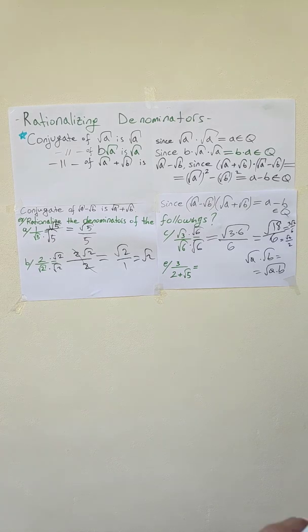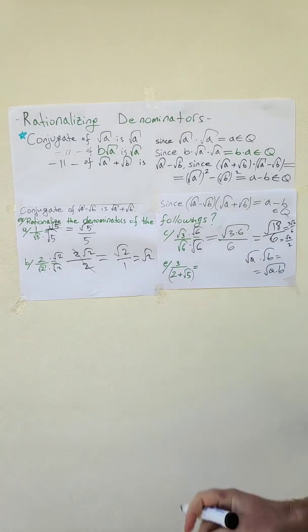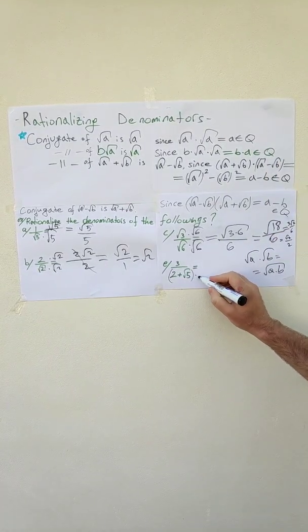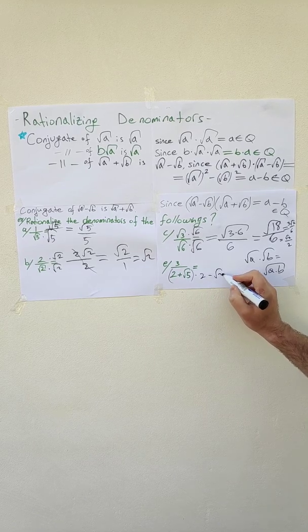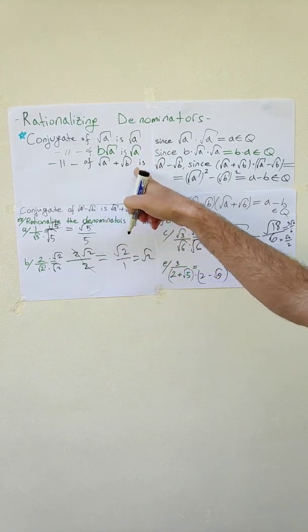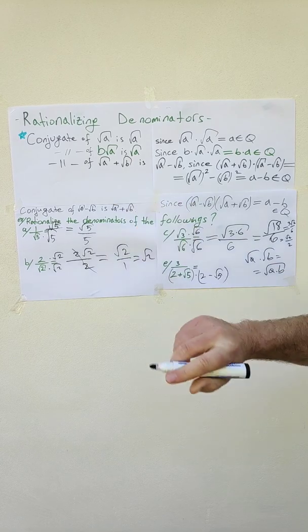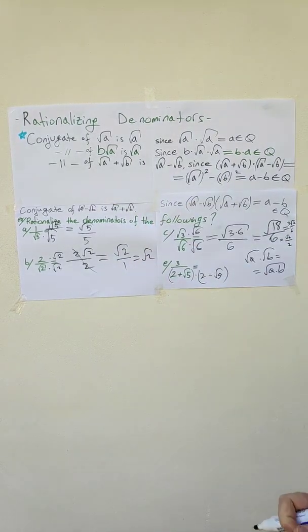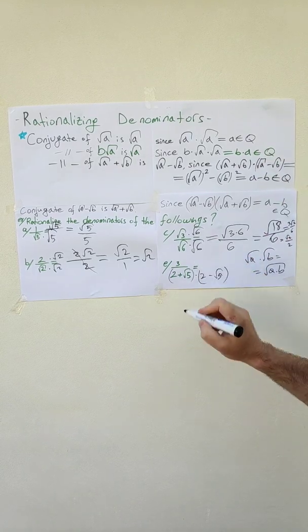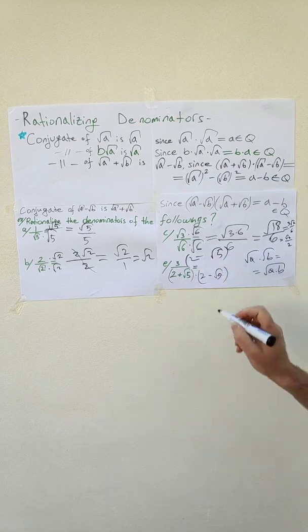Here, we see this expression together, 2 plus square root of 5. We multiply it by 2 minus square root of 5, as we did here. The conjugate of square root of a plus square root of b is square root of a minus square root of b. We do the same here. So, 2 minus square root of 5.